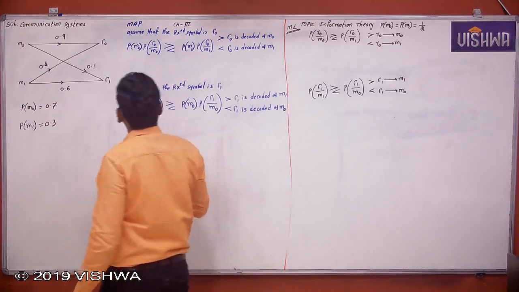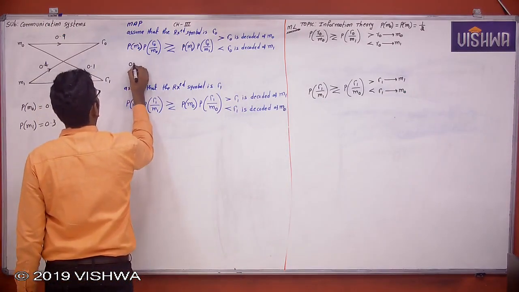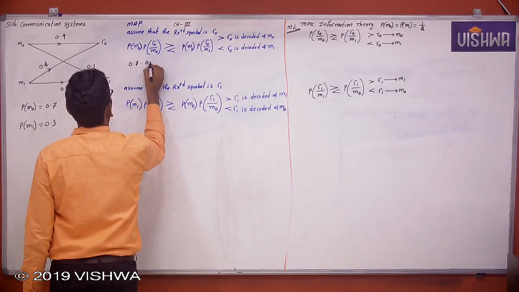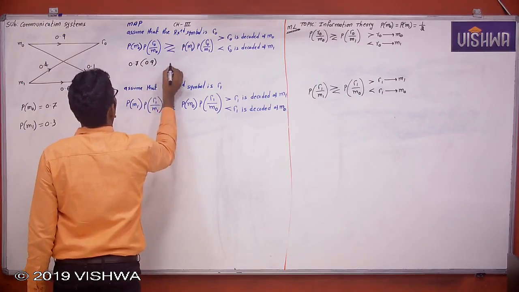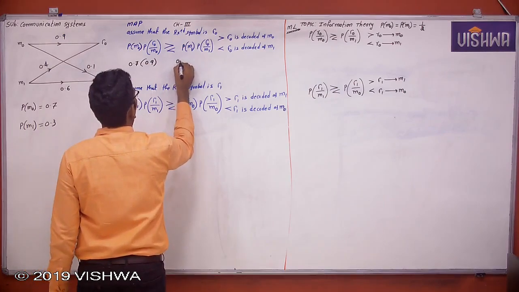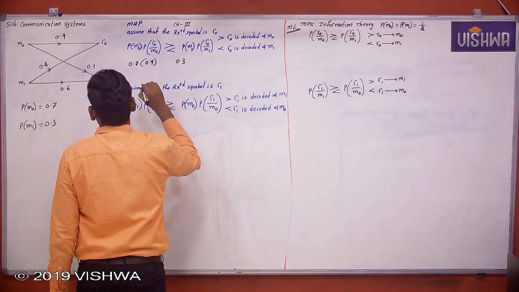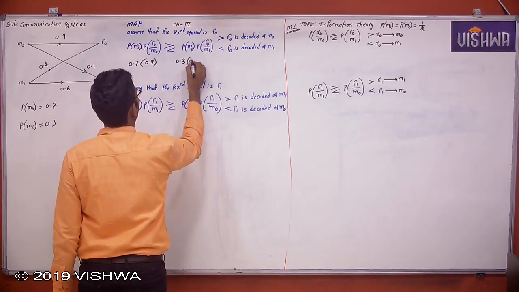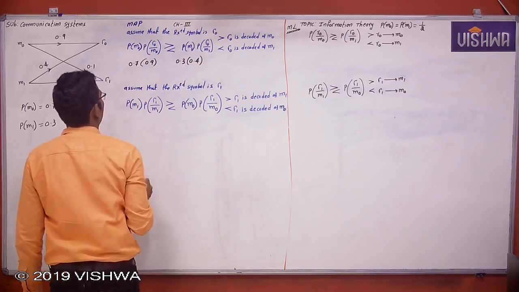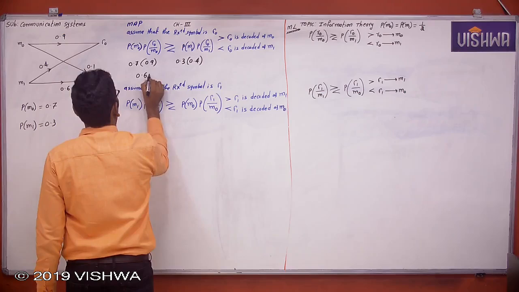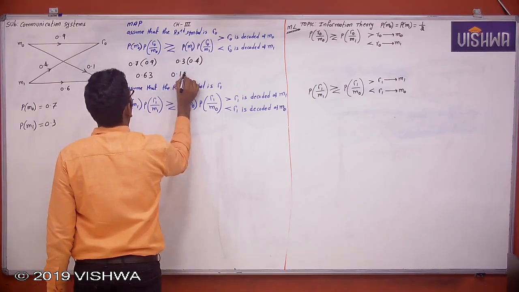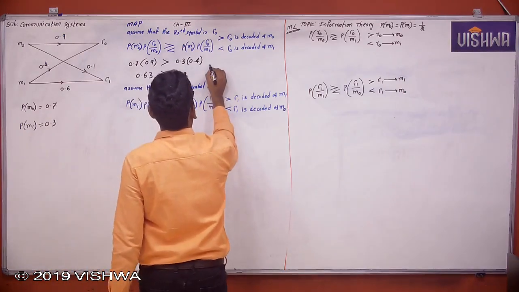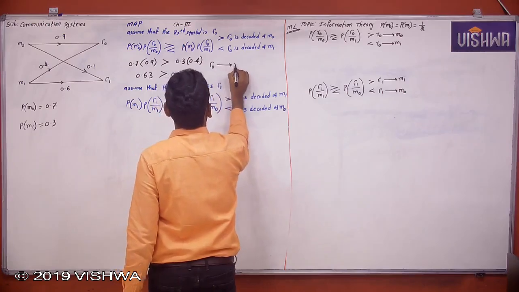Now see here. P of M0 is 0.7 into P of R0 by M0, 0.9. Now P of M1 is 0.3, P of R0 by M1 is 0.4. So which is nothing but 0.63 and 0.12, which is greater than. So therefore this R0 is successfully decoded as M0.